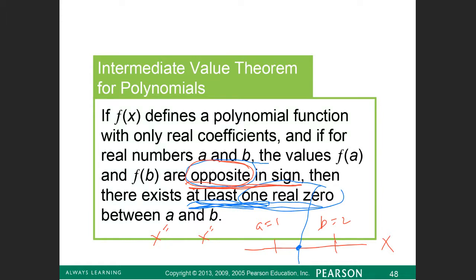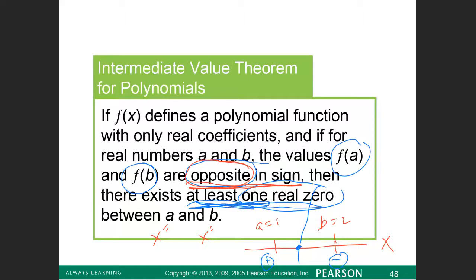So what the theorem said, the sign should be opposite. So when you test this out using f of a, you will have a positive, for example. And then for f of b, you will get a negative. So if they have opposite sign, it means there is a 0 in between these two values.